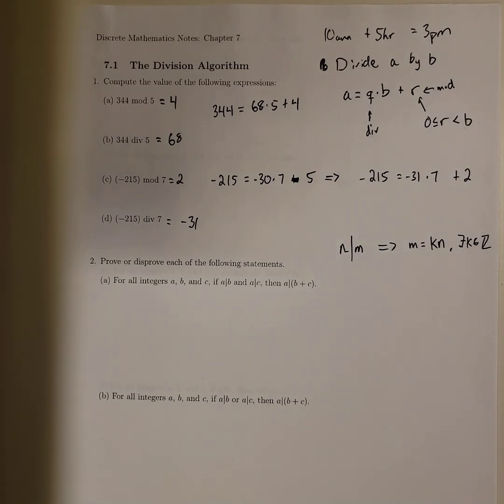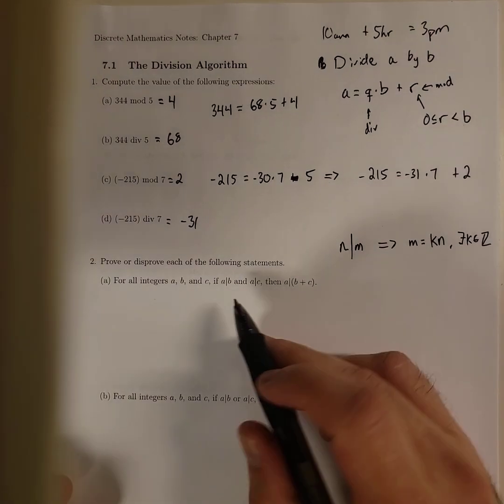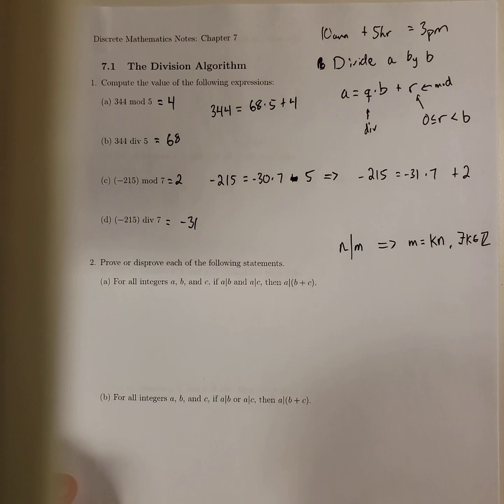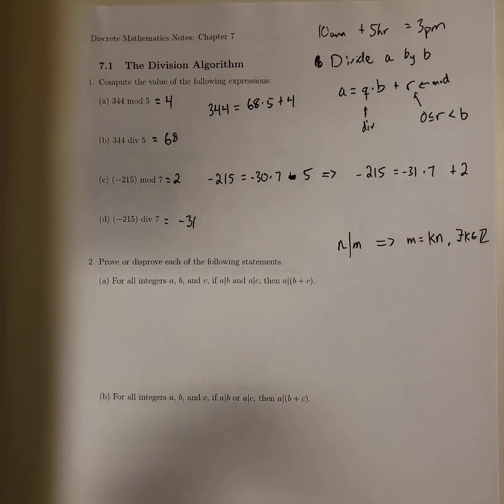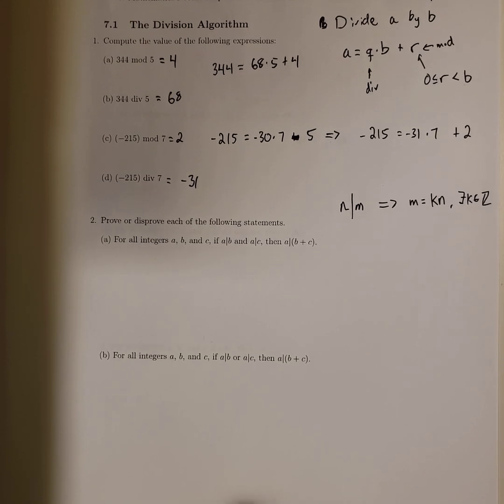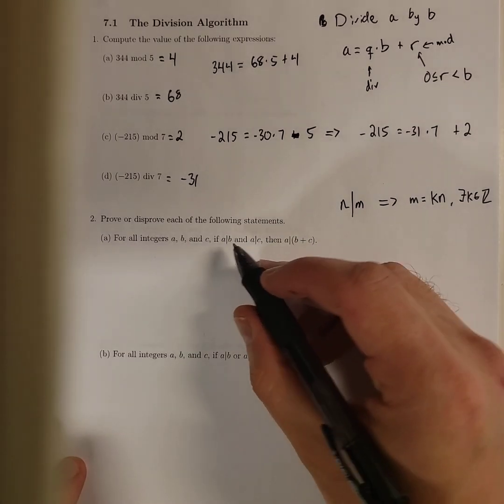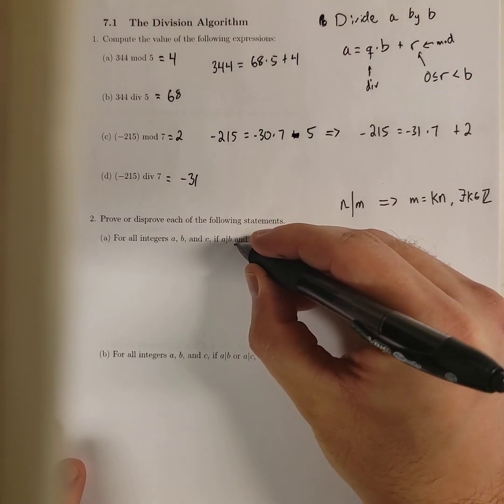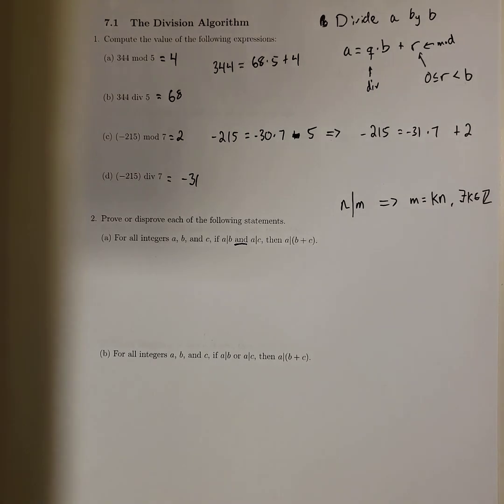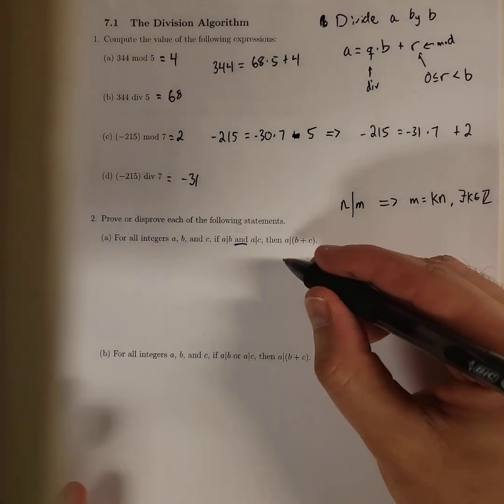So in the first one, we have integers a, b, and c. If a divides b and a divides c, then a divides b plus c. So in each of these, we want to either prove or disprove them. In this one, it turns out you can prove it. Having an and statement is nice for the if part because we can assume both are true and use them to prove the conclusion.